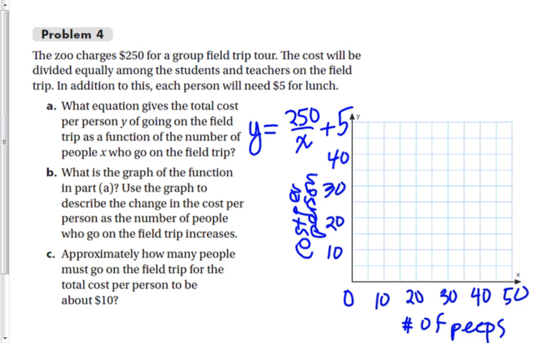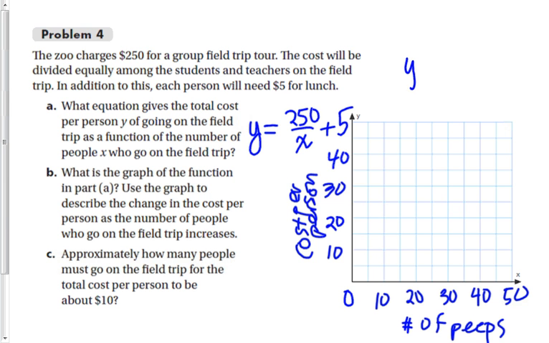All right, and now let's talk about the asymptotes here. So we need to graph this. Looking at this, since we're adding 5, our horizontal asymptote is going to be at 5.